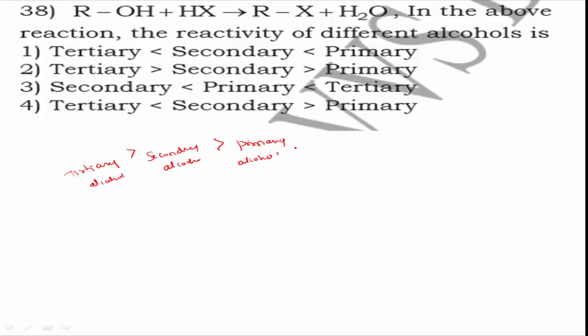And the reactivity order of halogen acids is HI greater than HBr greater than HCl. Therefore, the correct answer for this question is tertiary is greater than secondary is greater than primary, means option 2 is the right answer.